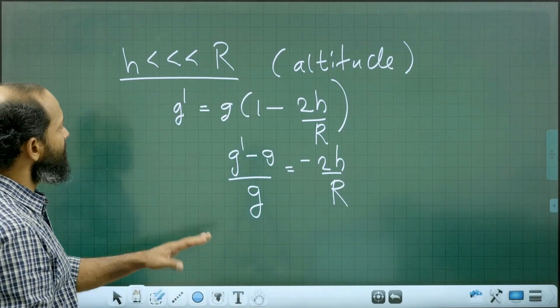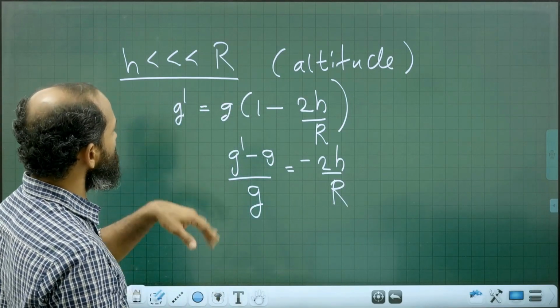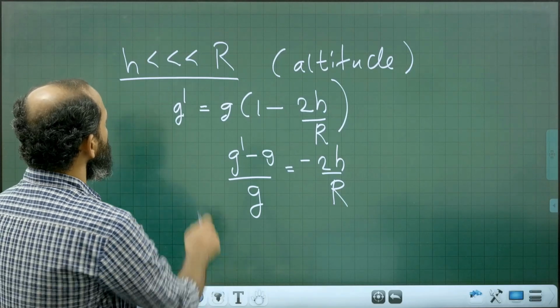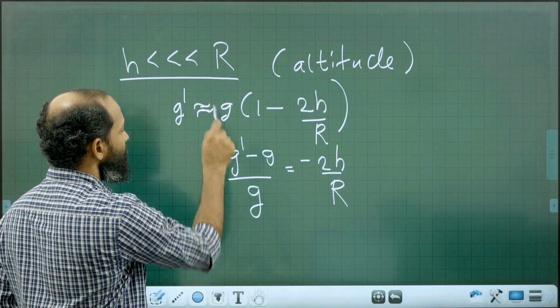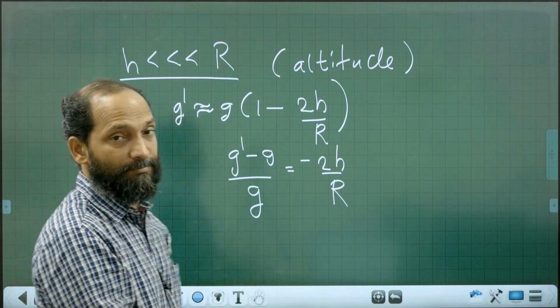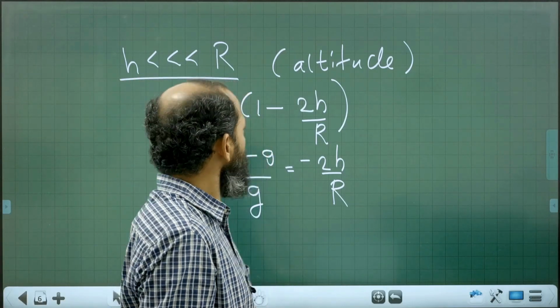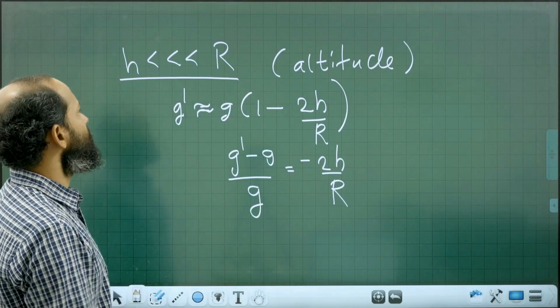All these are previous questions. For h much less than r, you can use an approximate formula. This is only an approximate formula, but the earlier one is an exact solution.